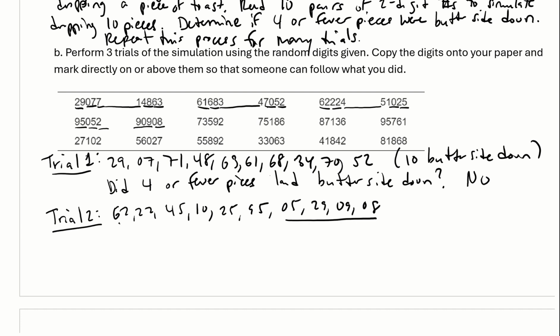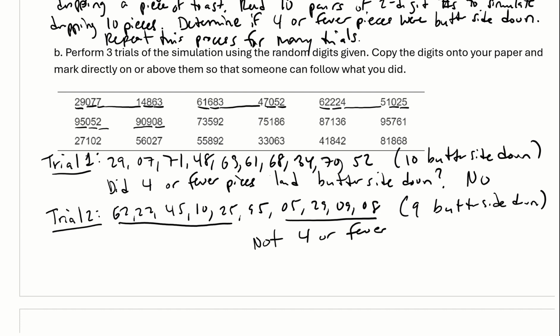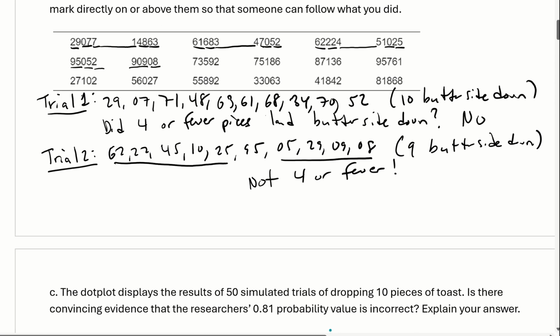So these were butter side down. The 95 is not, remember, because we said earlier that 81 to 99 is butter side up. So this is 9 butter side down. So no, not 4 or fewer.